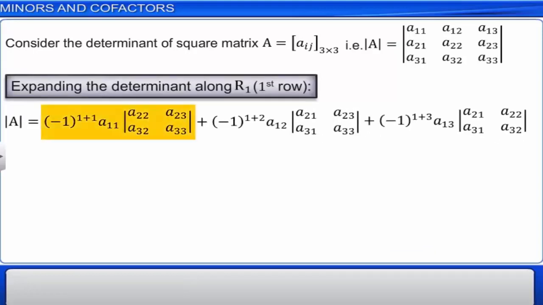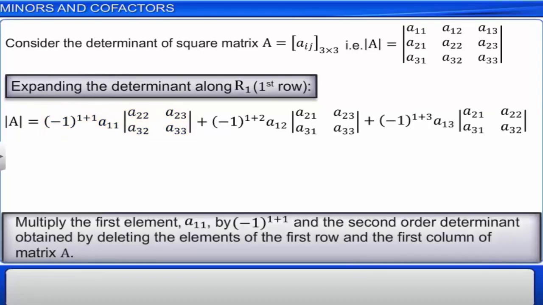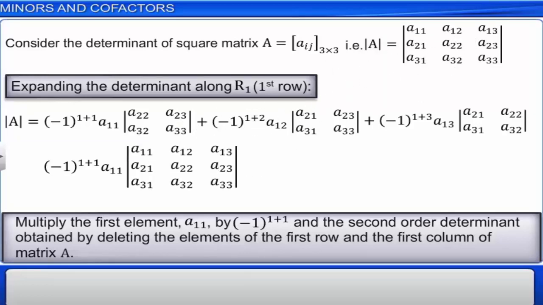Observe the first term of the right-hand side of the expression. It is obtained by multiplying the first element, A11, of the first row by -1, whole raised to the power of 1 plus 1, where 1 plus 1 is the sum of the suffixes of A11 and the second-order determinant obtained by deleting the elements of the first row and the first column of matrix A.